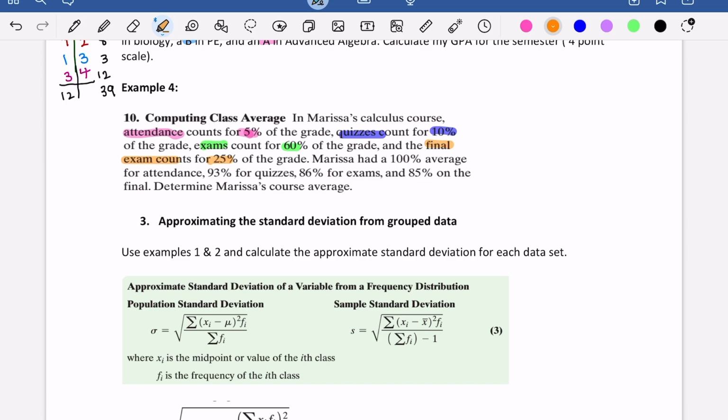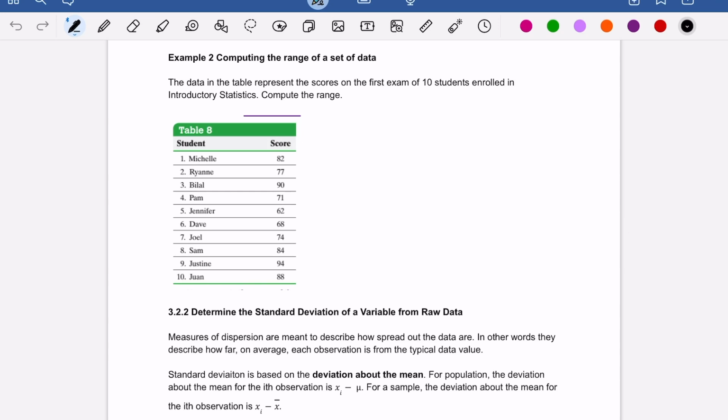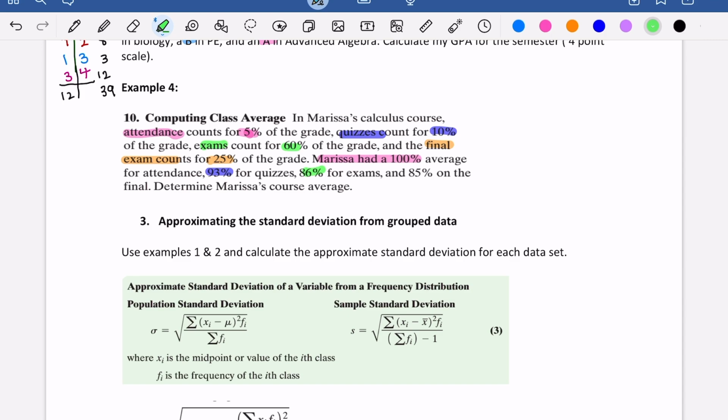Marissa had a 100 average for attendance, a 93 on her quizzes, 86 for her exams, and then 85 on the final. What was Marissa's course average?